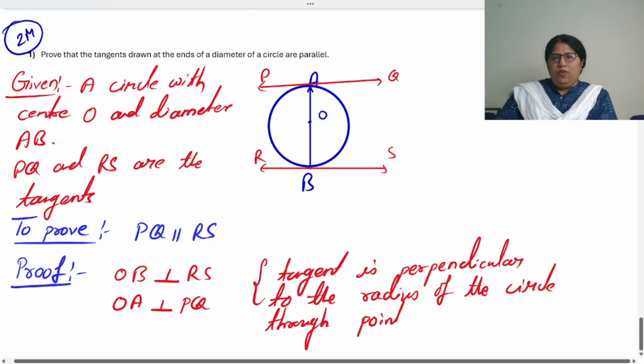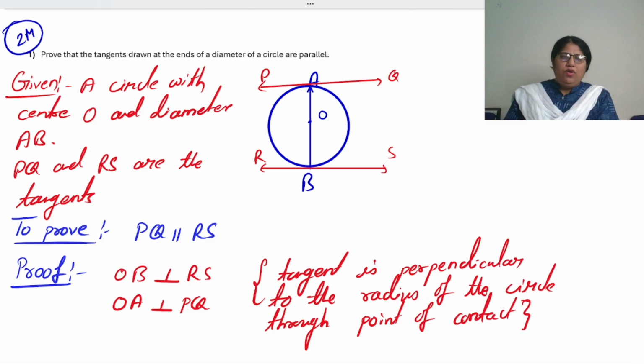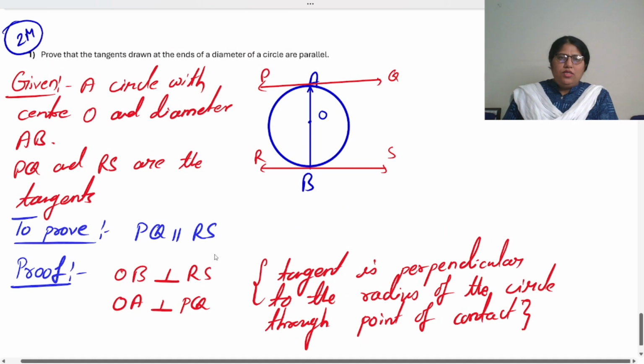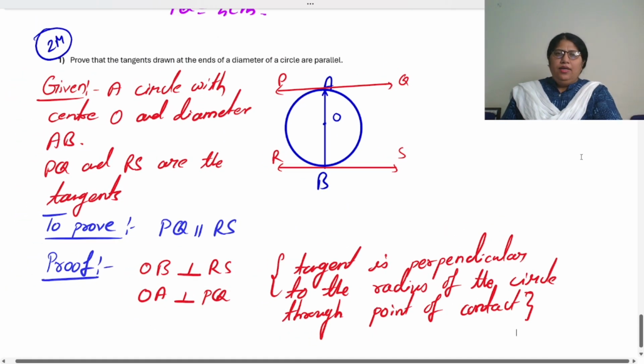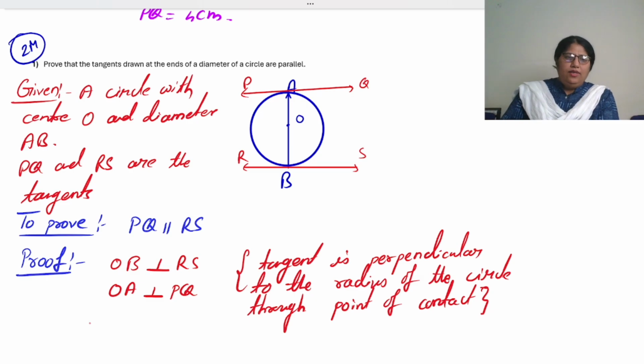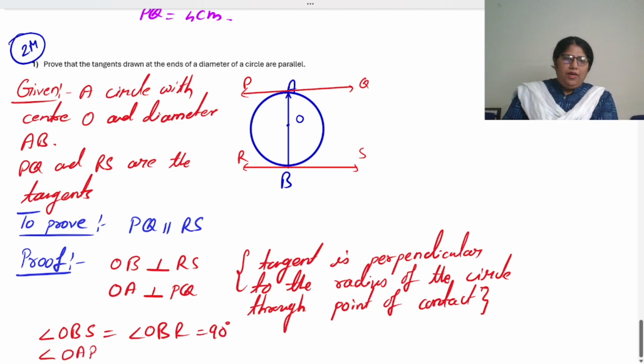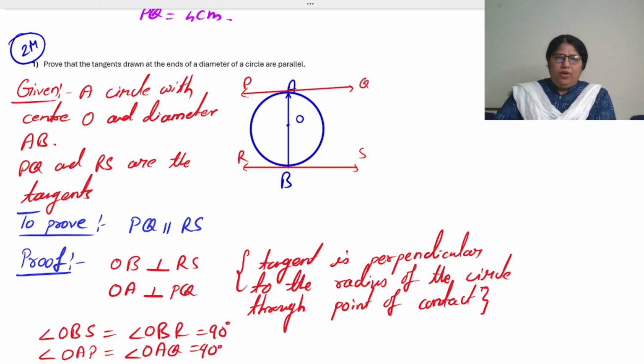Here the points of contact are A and B. Because this is true, I can write here angle OBS equals angle OBR equals 90 degree. Similarly, angle OAP equals angle OAQ equals 90 degree, because the radius is perpendicular to the tangent.